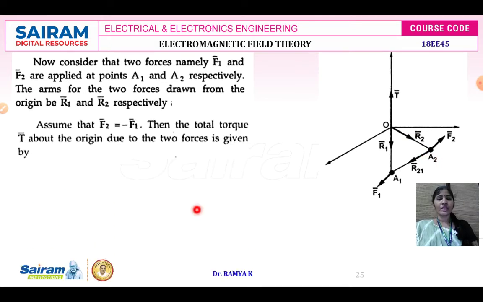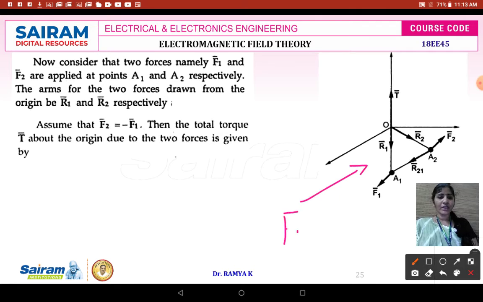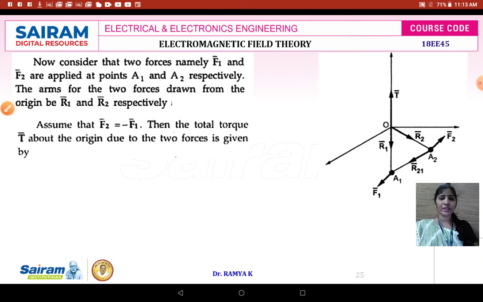Since F1 is opposite to F2, we can write F1 vector is equal to minus F2, or F2 vector is equal to minus F1. In either manner, we can write it out.